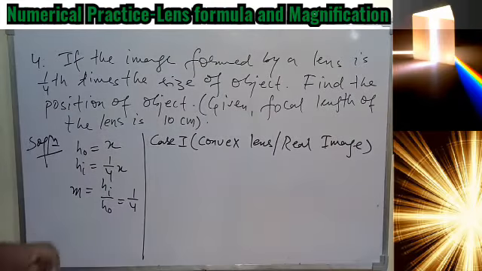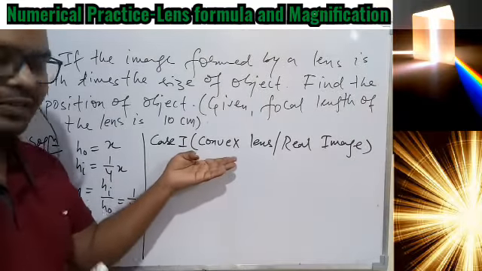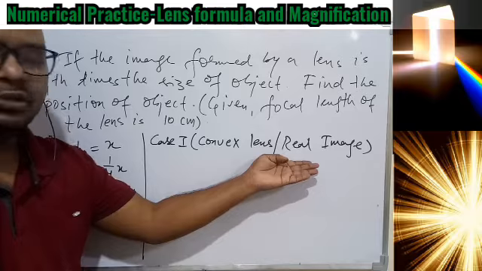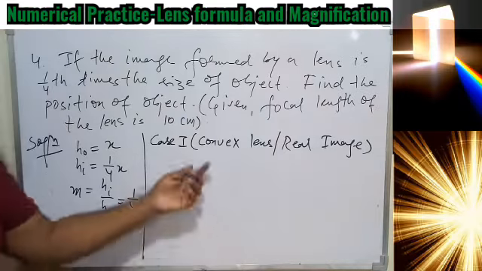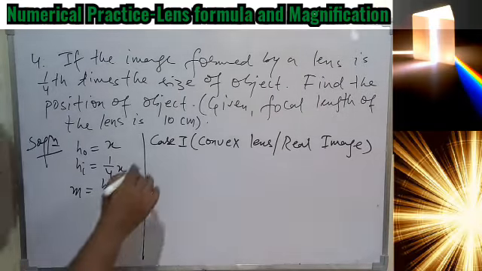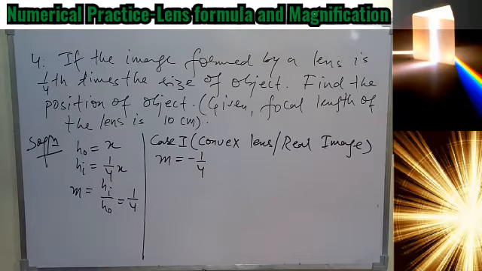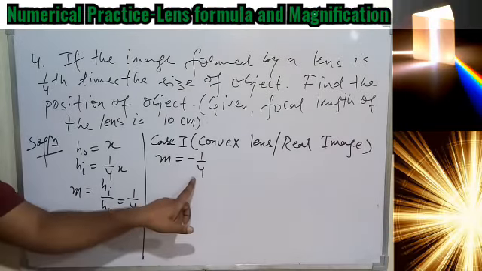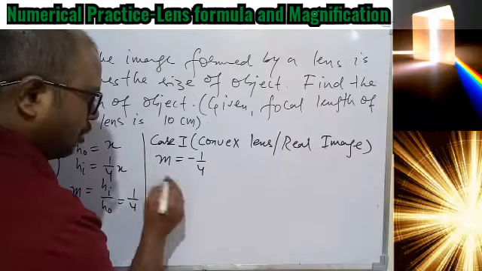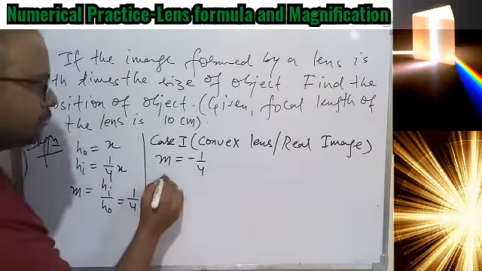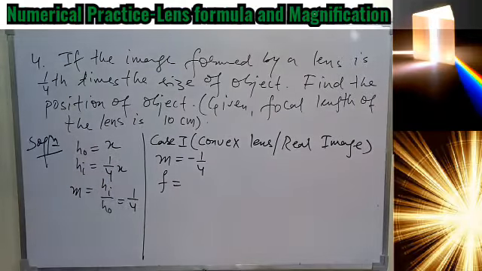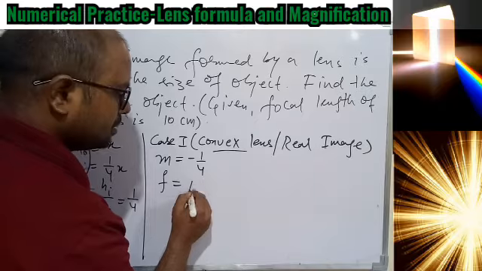We'll go for the very first convex lens, and we know that it will be a real image if the image is smaller. So M must be -1/4, because for the real image, magnification we take negative. Now we have the focal length given, how much? 10 centimeter, and we know for the convex lens the focal length is taken positive.